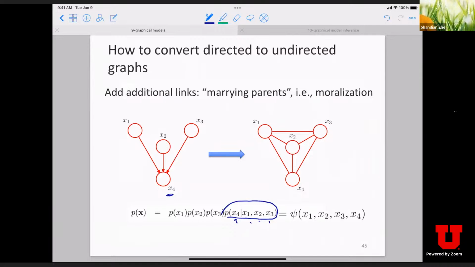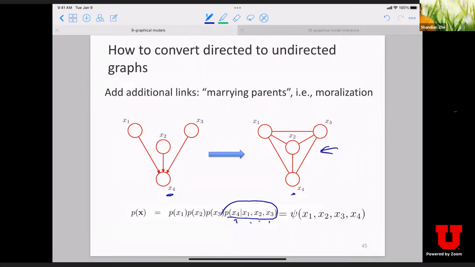So that means when we convert it to an undirected graphical model, in addition to removing the arrows, the heads of the arrows, you should also add a connection between their parents. So this is called moralization, or marrying parents.